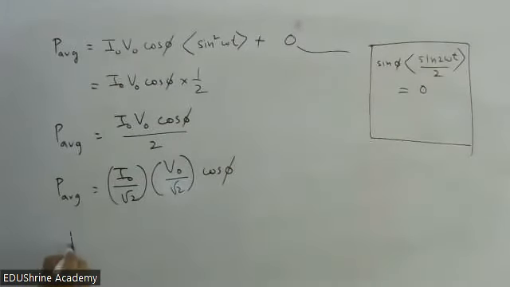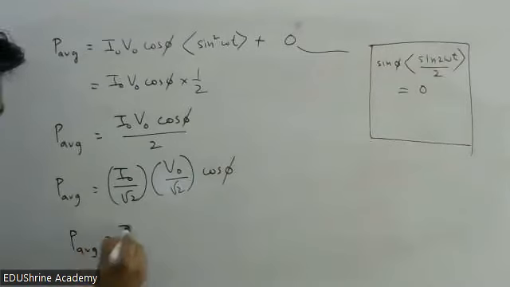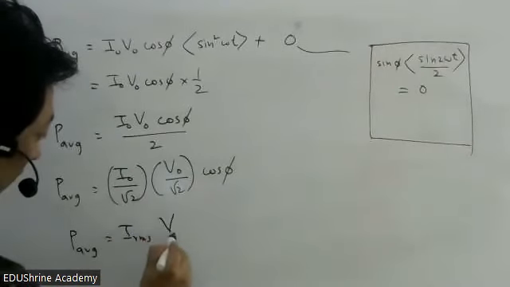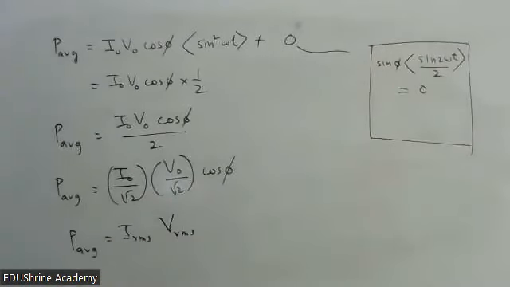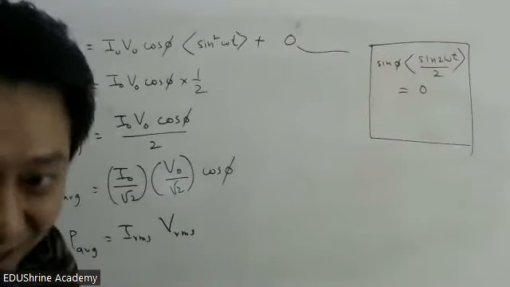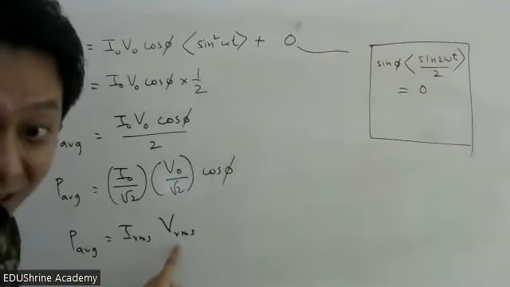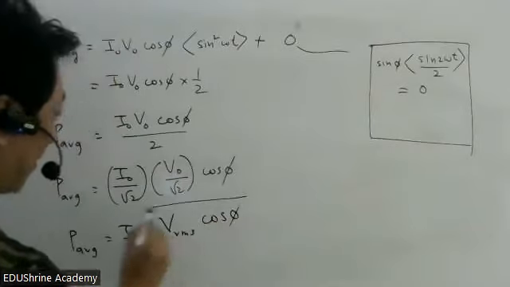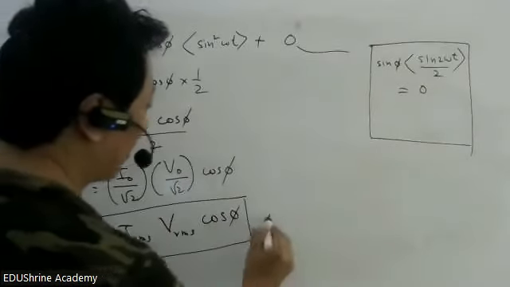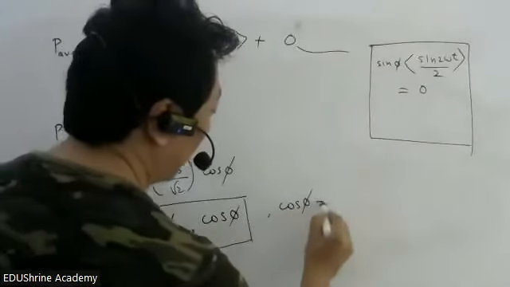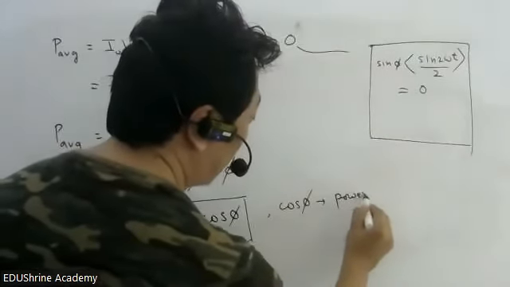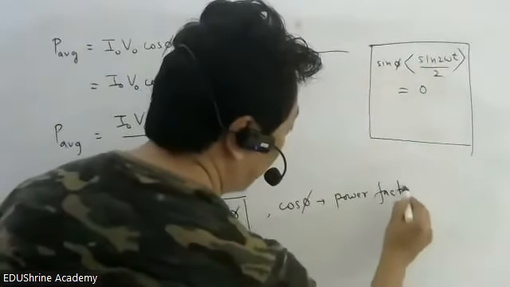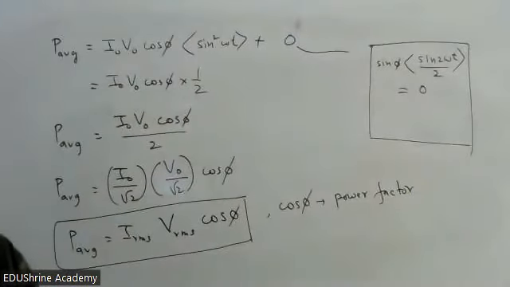So average power will be I RMS V RMS cos phi. Usually the formula for power is I into V, but in AC, there is I, V, and also cos phi. That's the reason cos phi is called, in this chapter, the power factor. It is a factor in the formula of power.